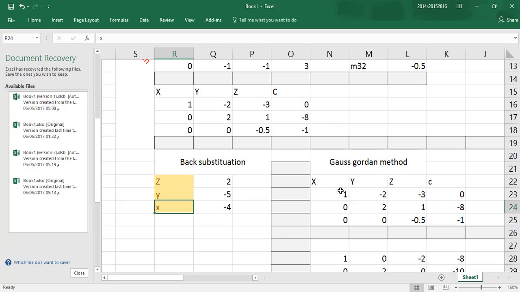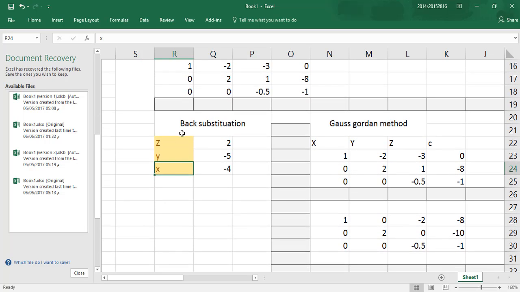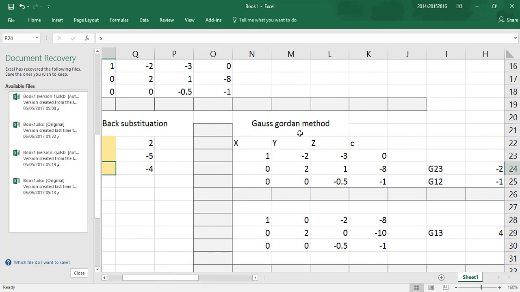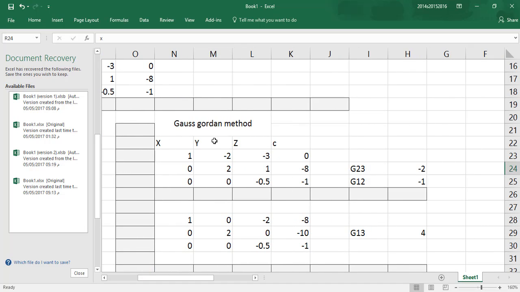The second way we can use to get the values of the three parameters x, y, z is the Gauss-Jordan method. The concept of solving this matrix to get directly the values of x, y and z is to get two parameters, G23 and G12.